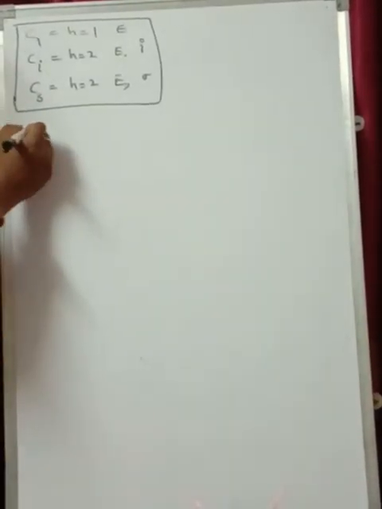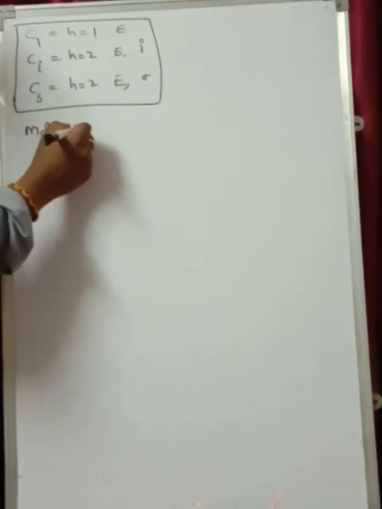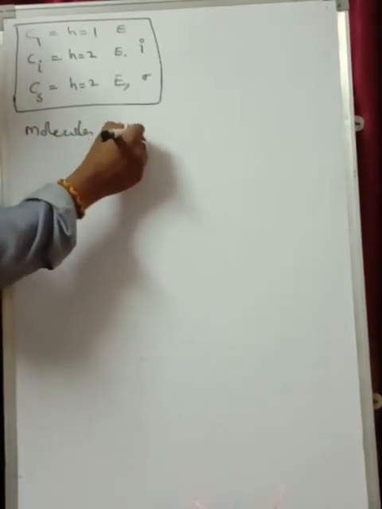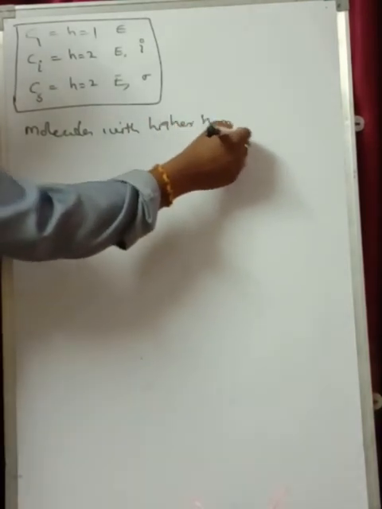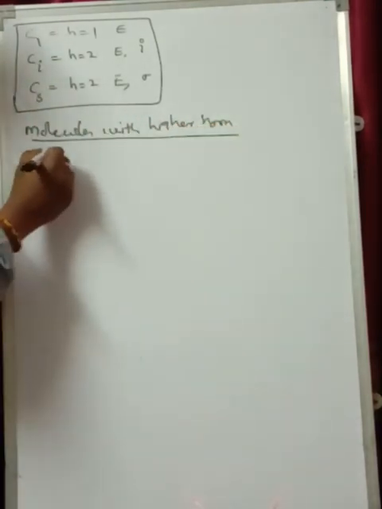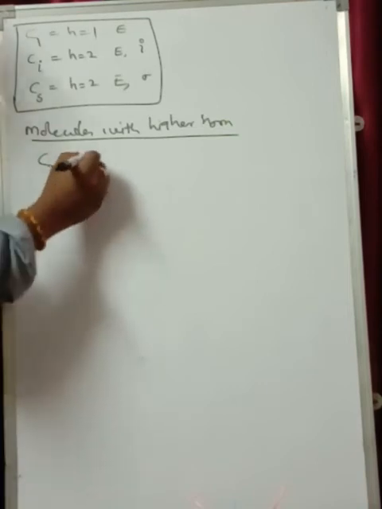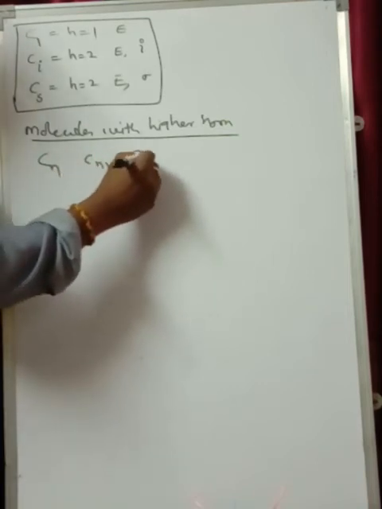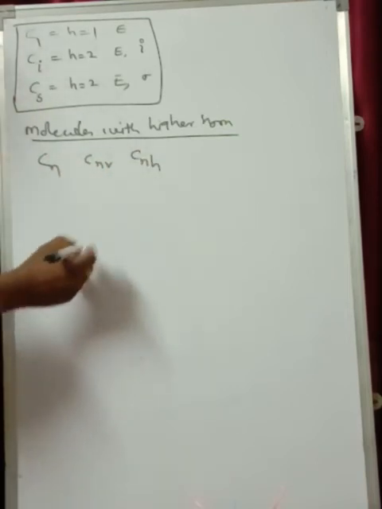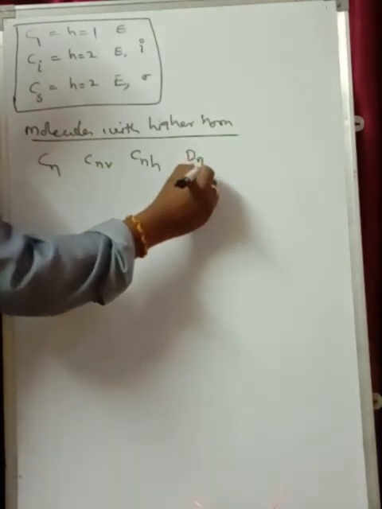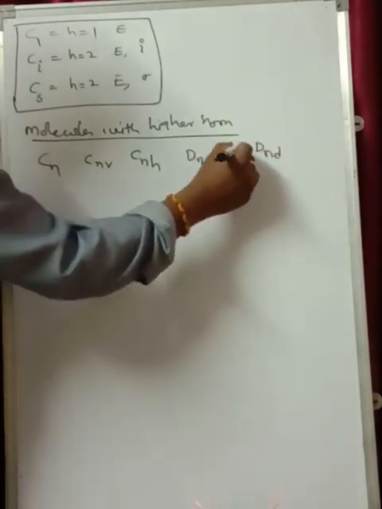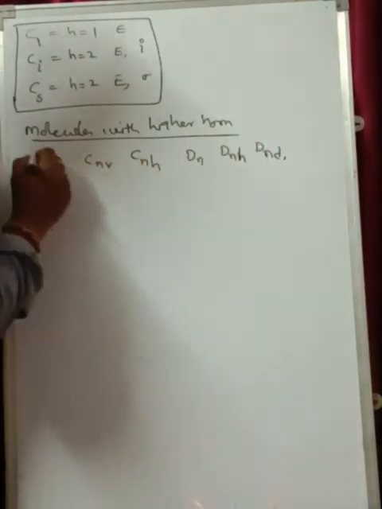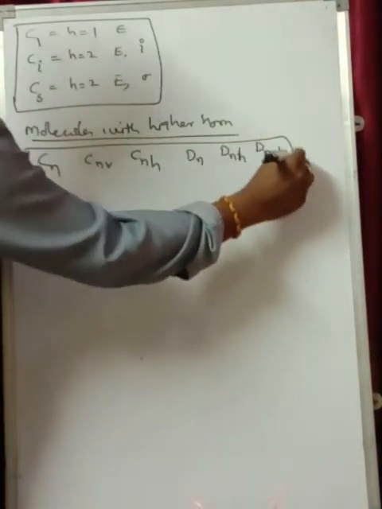Further, we have the molecules with higher symmetry. So under this category, we have Cn point groups, Cnv point group, Cnh point group, Dn point group, Dnh, Dnd point groups.